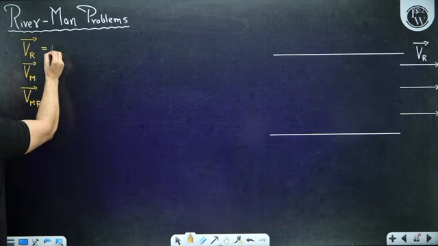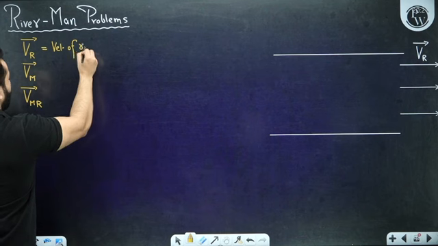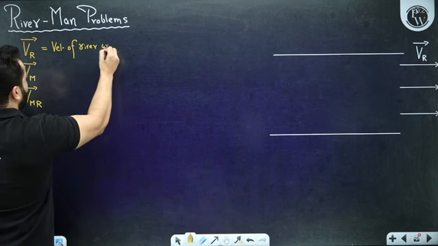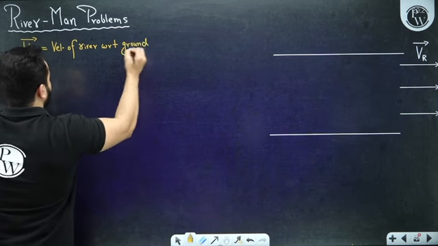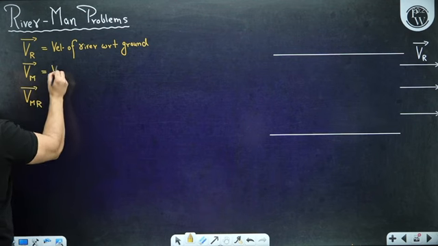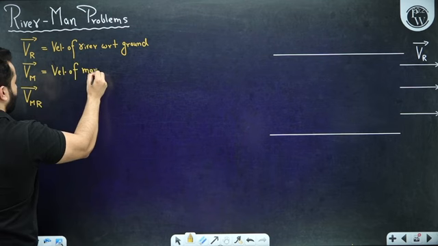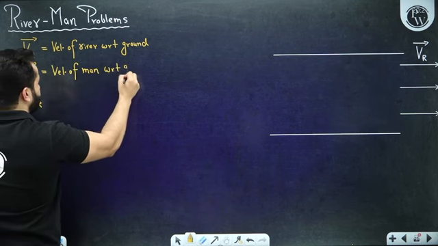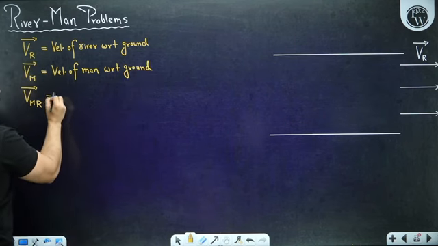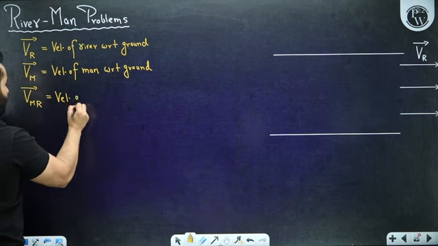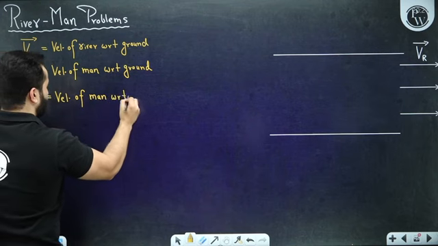This is going to be the velocity of river with respect to ground. This is going to be the velocity of man with respect to ground. Sometimes they call this the absolute velocity also, right? And this will be called the velocity of man with respect to river.